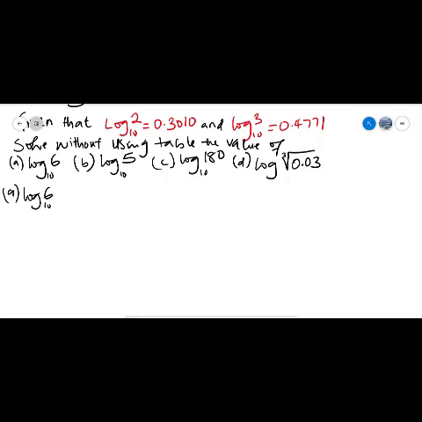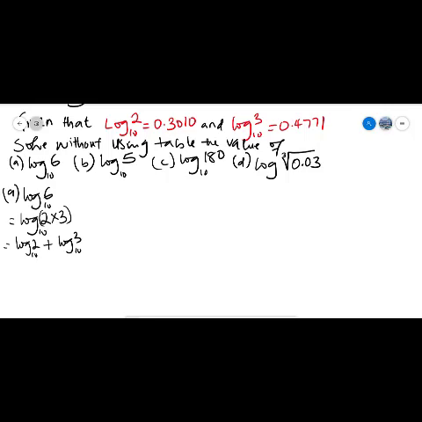Yes, there is. We could obtain the number 6 from 2 times 3. So this would give us log 2 times 3 base 10. And according to the law of logarithm, this is same as log 2 base 10 plus log 3 base 10. See how simple it is now?